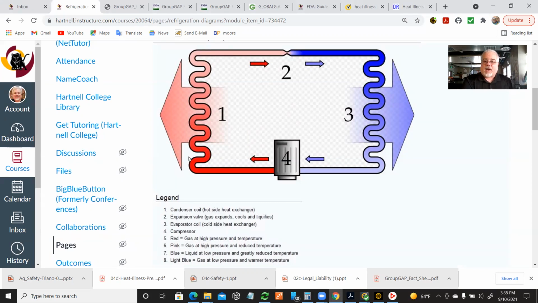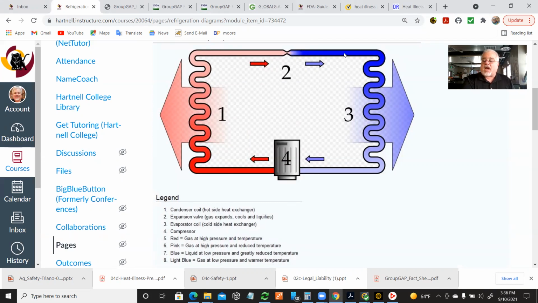Then we get to number 2, the expansion valve, and it's drawn very simplistically here, but it's basically a very controlled valve that is small enough of a hole that the release of the refrigerant from the high side, the hot side, is very slow into the other side of the valve.